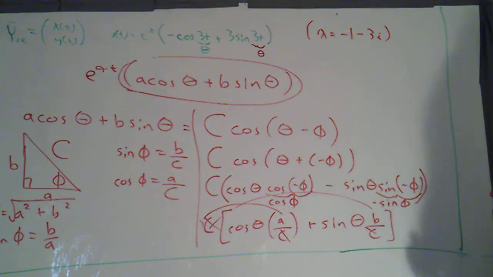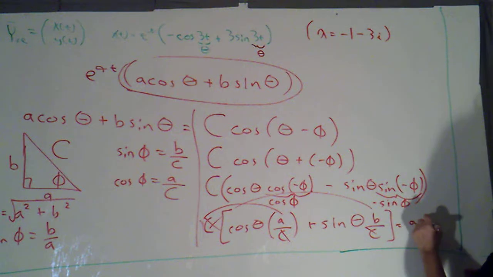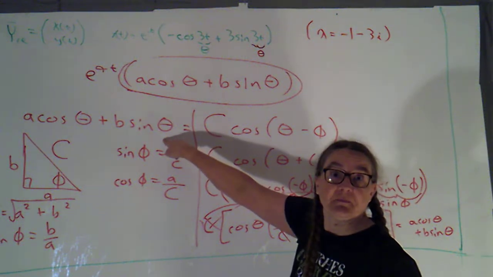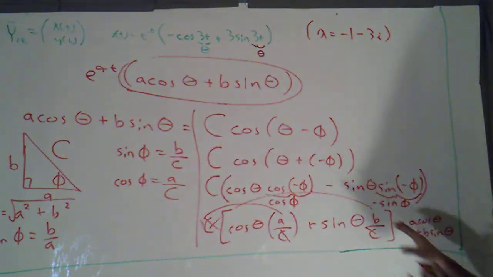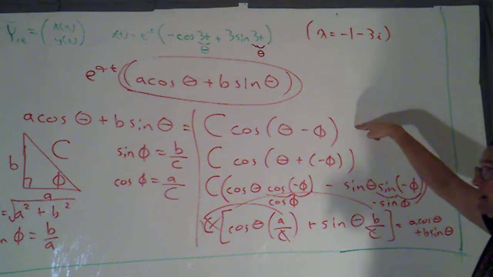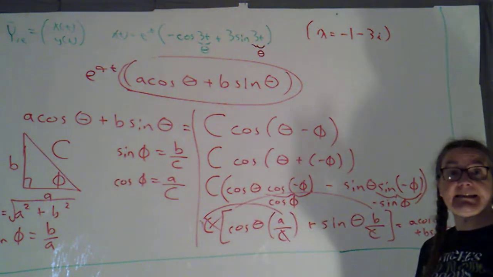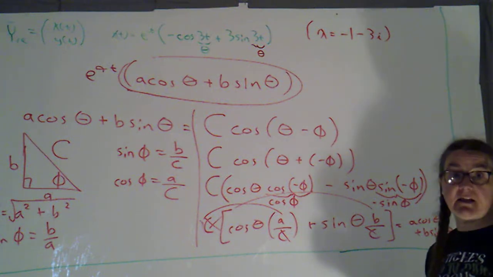And notice what I get is just a cosine theta plus b sine theta, which is exactly what we stated here. So that illustrates that this is a true identity, and this is just a nifty mnemonic device for figuring out what c and phi are for a particular problem.